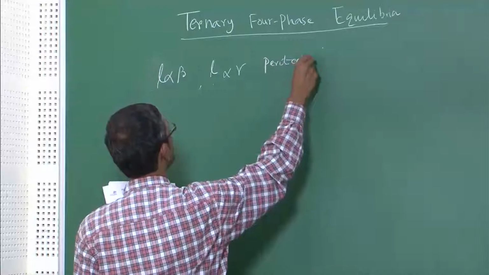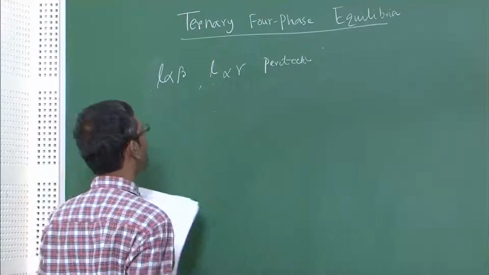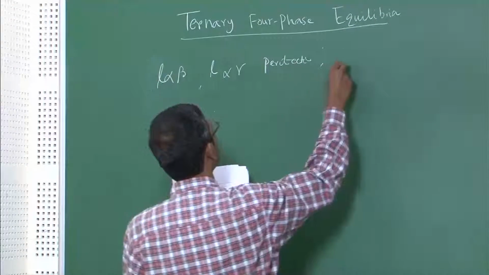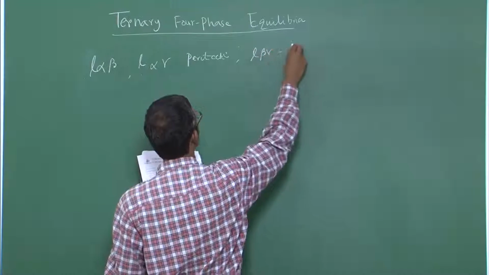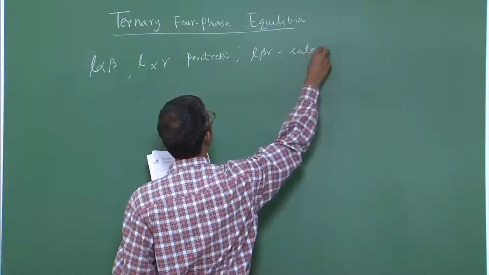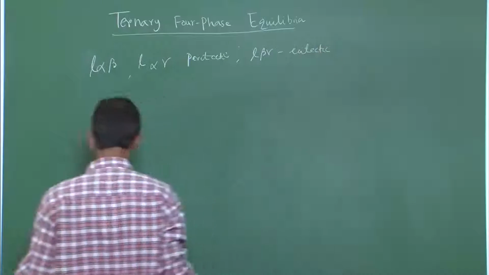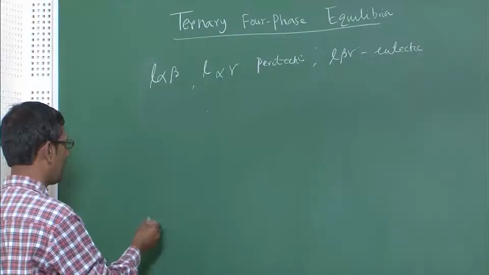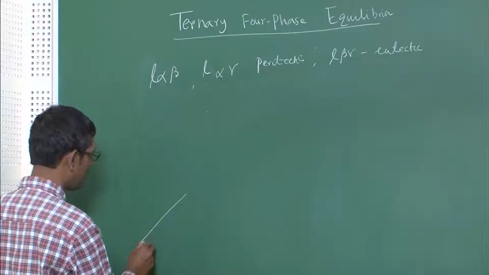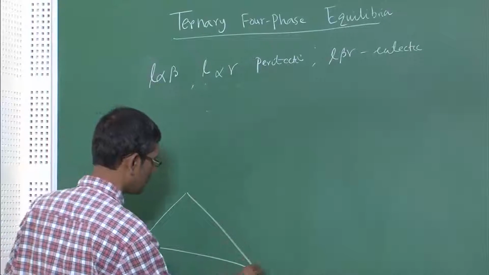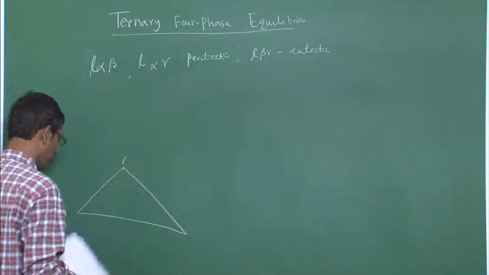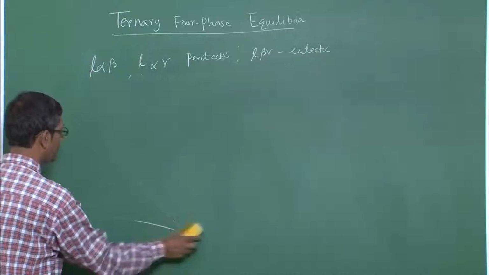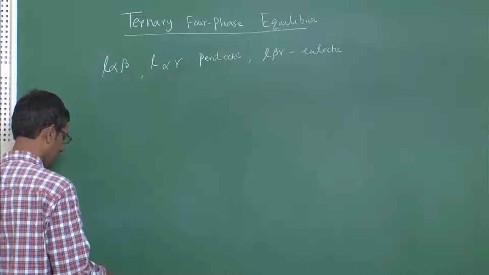What I mean to say is that these are the binaries we will see, and liquid beta gamma is eutectic type, right. Let me first tell you what that is. Suppose this is my space model. Oops. Let me draw it the other way, otherwise it will not look nice.